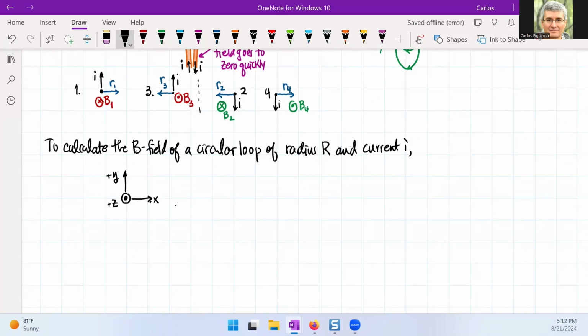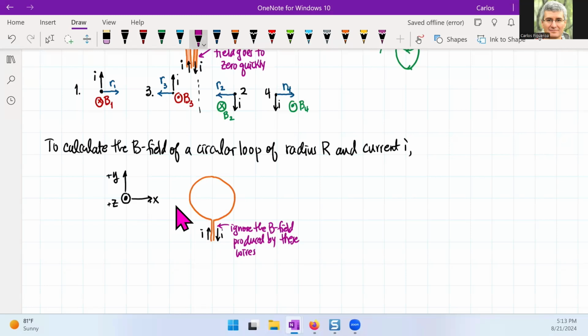So if I set up my loop, this is what I'm seeing. I have a circular loop. And I'm looking at these guys. And because of the way the current is running, we're going to ignore the magnetic field produced by these wires.